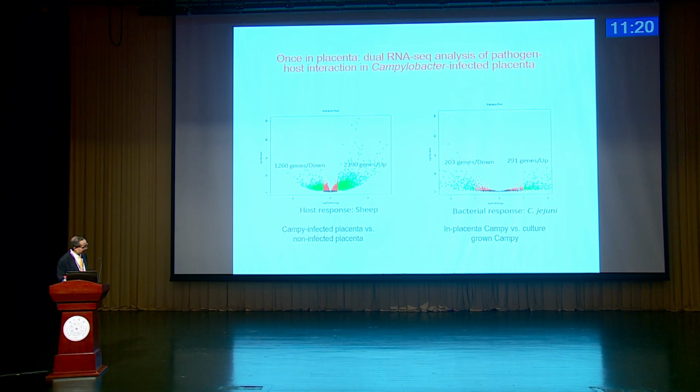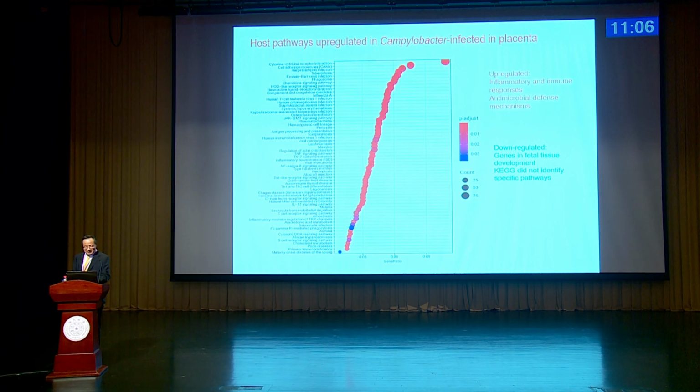So we did RNA-seq. That means we can analyze the transcriptomes from both the host side and the pathogen side simultaneously right within placenta. Again, this is a pretty tedious study, so I'll just show a few slides.